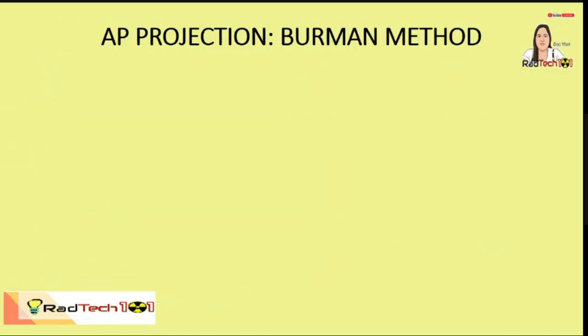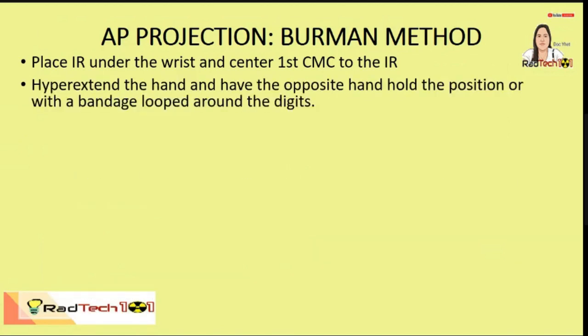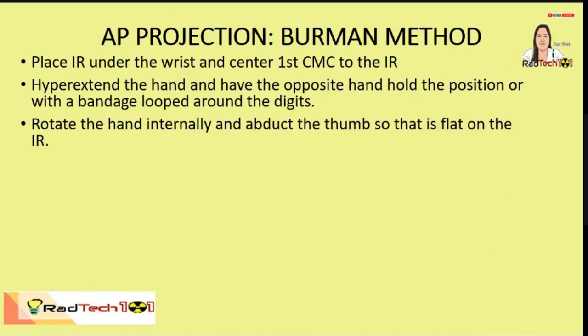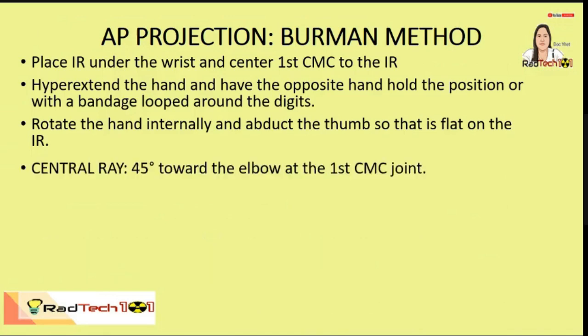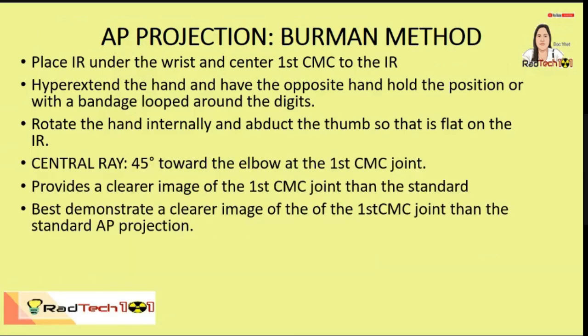Then last for the CMC is kay Burman. So AP projection, Burman method. So place the IR under the wrist and center the carpometacarpal joint to the image receptor. Hyperextend the hand and have the opposite hand hold the position or with a bandage looped around the digits.